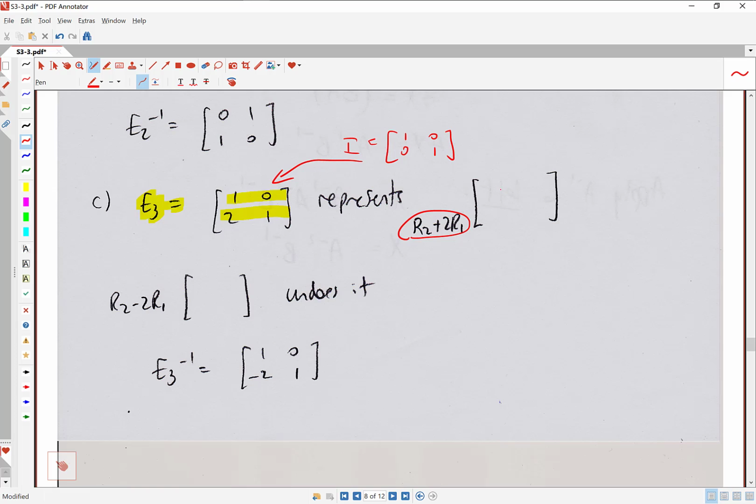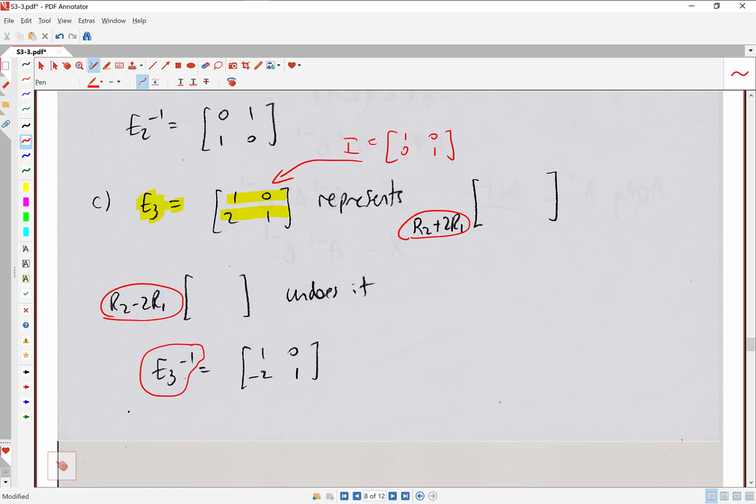Now, if we wanted to think about E3 inverse, and we wanted a quick way of calculating that, then we would want to say, well, what row operation is going to undo row 2 plus 2 row 1? It would have to be row 2 minus 2 row 1. To undo an addition, we're going to do a subtraction. And the matrix that encodes the undoing is the inverse matrix.